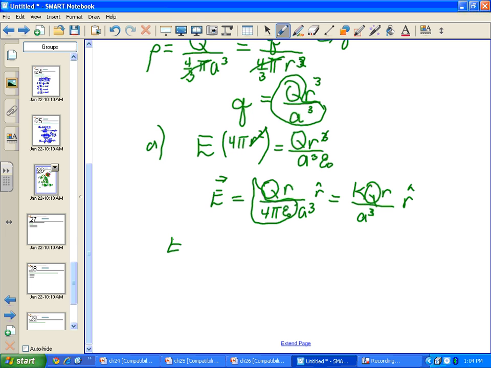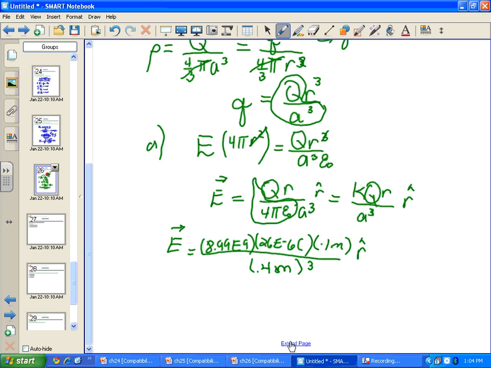Well, let's go ahead and substitute our numbers, and we get E equals 8.99 e to the 9 times 26 e to the minus 6 coulomb times 0.1 meter, that's the radius of our Gaussian sphere, which is where we had to determine the electric field, divided by 0.4 meters, the whole thing cubed.